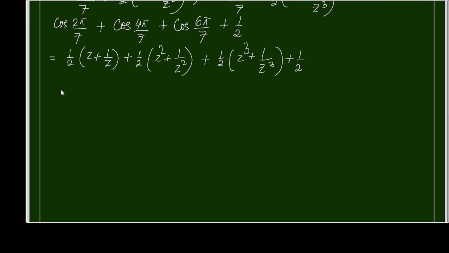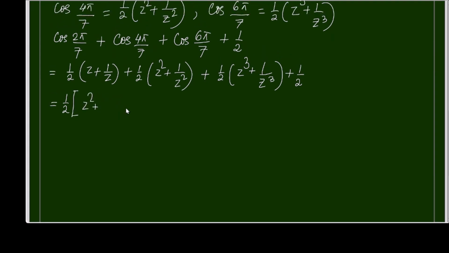So here I can take half common. So it will be z plus 1 over z. Second one will be z square plus 1 over z square. Third one will be z cube plus 1 over z cube, and this is 1.